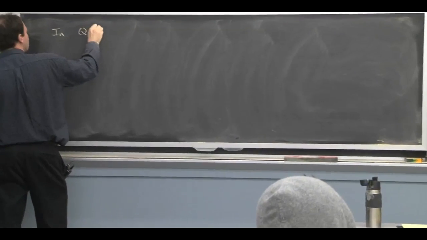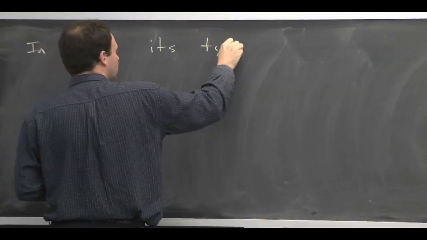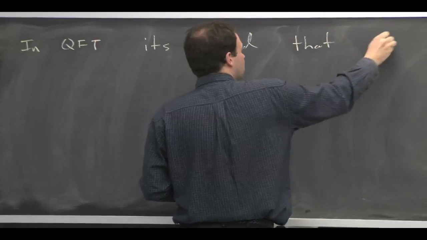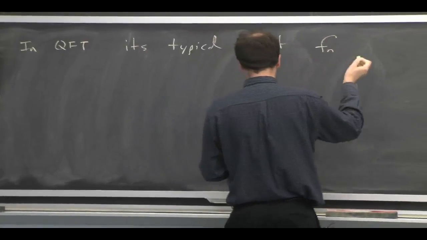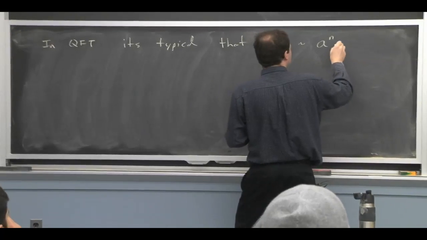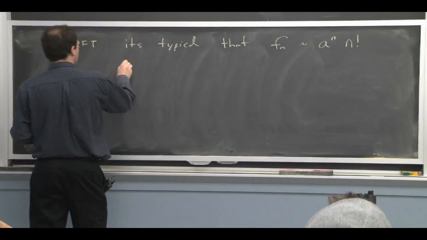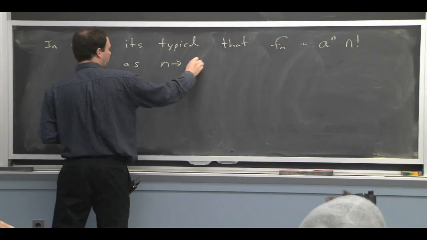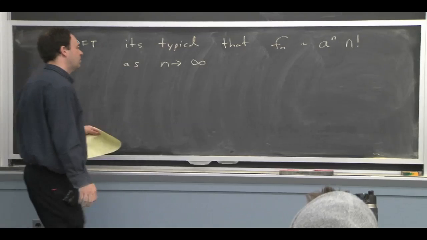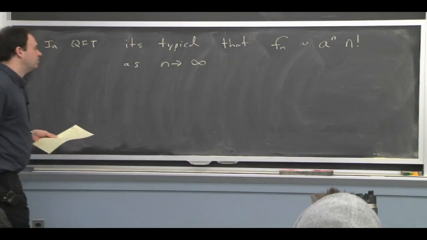So when you do a QFT calculation, a typical result, if you work out some asymptotics, is that you would have these Fn coefficients that are some power of a times an n factorial. That's how they scale as n gets large. You can think about the number of diagrams as just growing, but even when diagrams are not growing, you can get these n factorials.